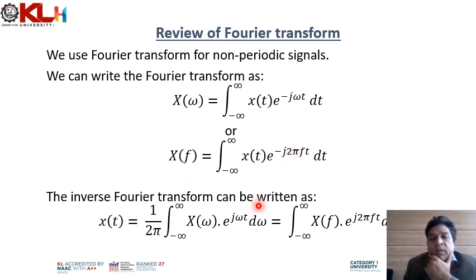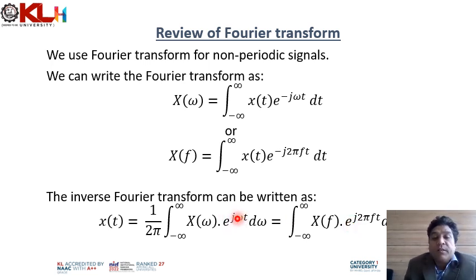The inverse Fourier transform can also be written using the two equations. X of t is 1 by 2 pi integral capital X of omega e power plus j omega t d omega, and which is also equal to the integral capital X of f e power j 2 pi f t df.